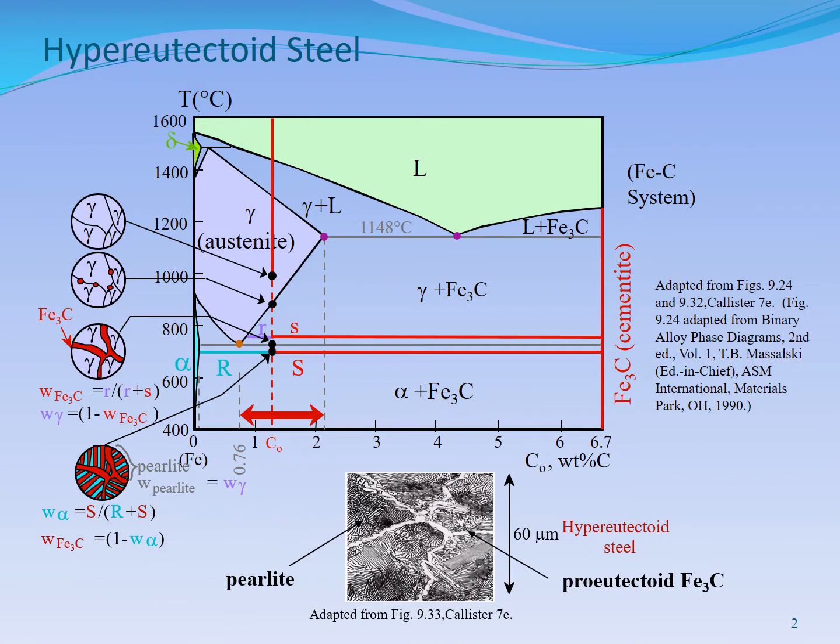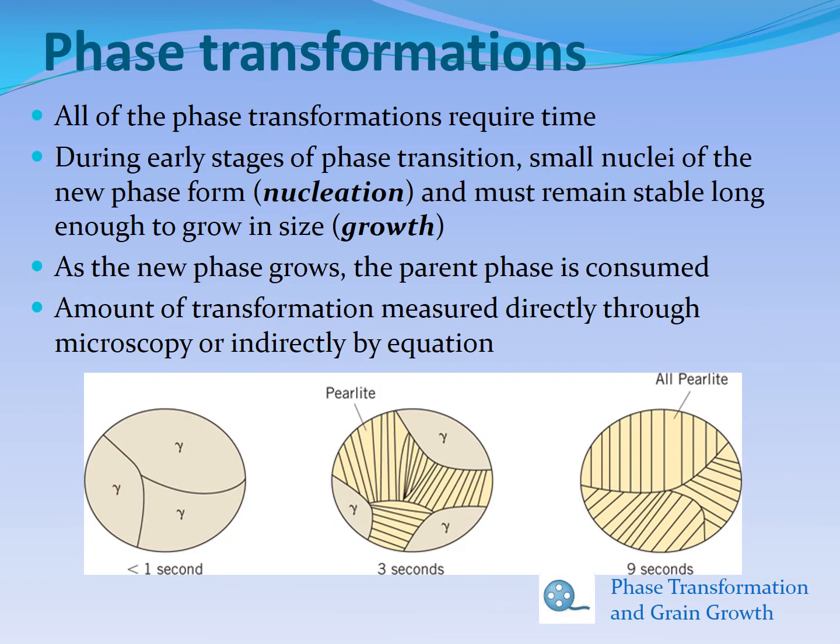Just go through this again more carefully, because you are trying to understand steel again, which you have done a lot earlier. Phase transformations, of course, right? You know that there is nucleation and there is growth.